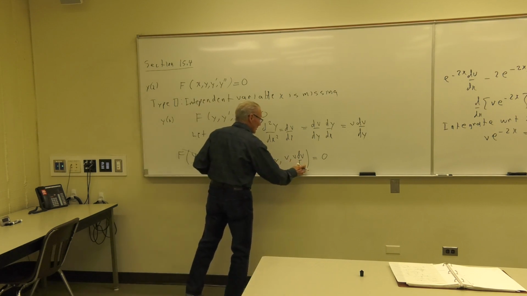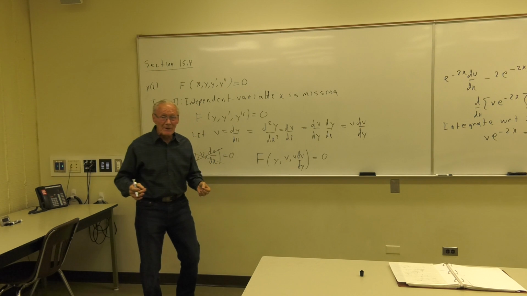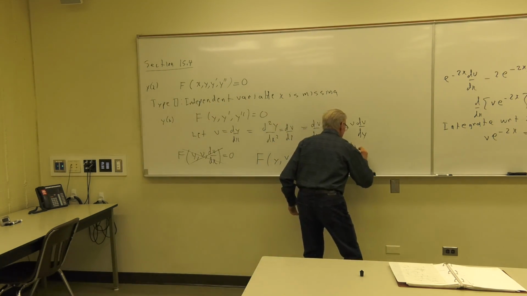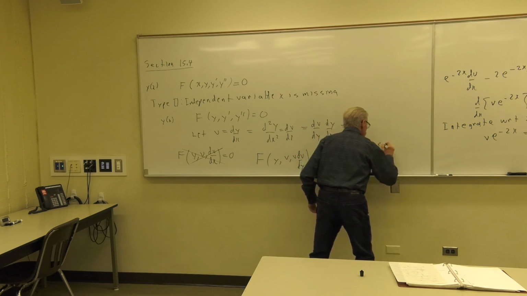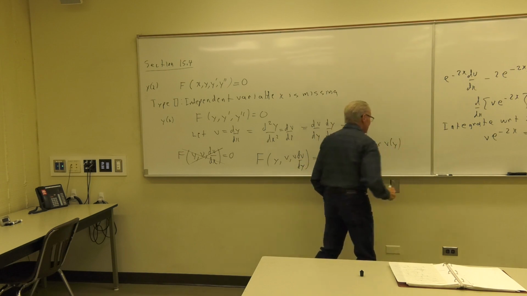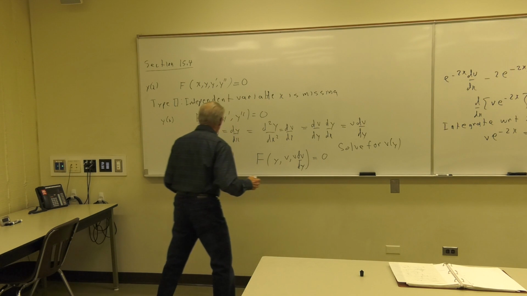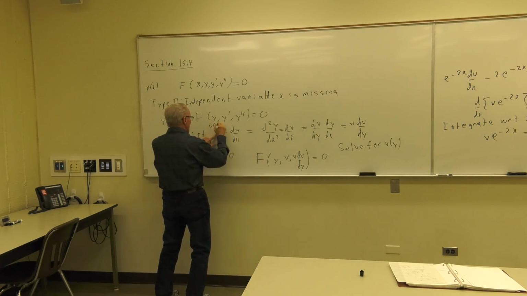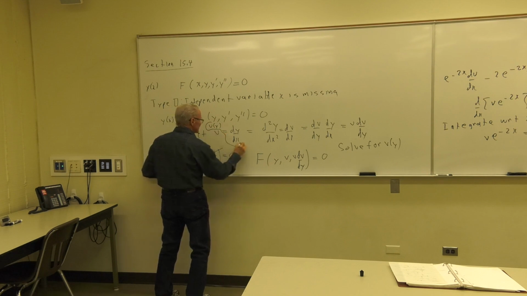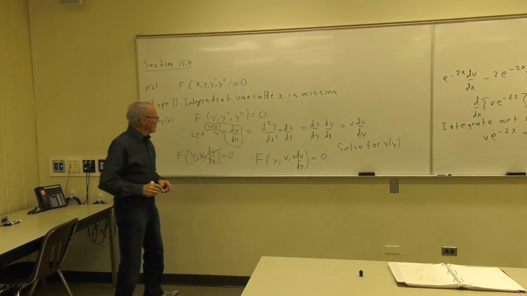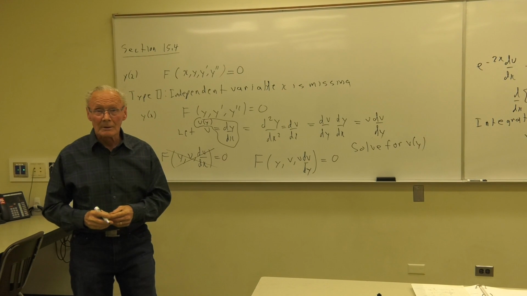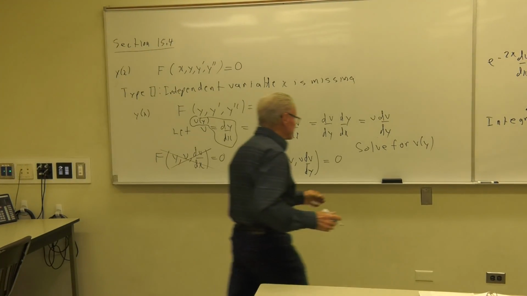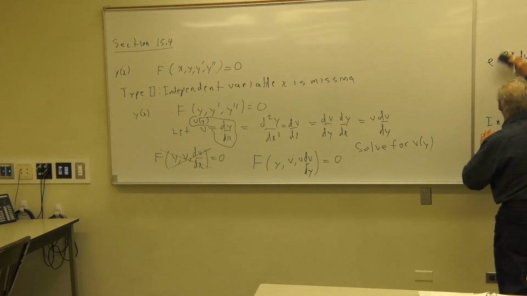In here, it's now the independent variable. You'll be solving this for v as a function of y. If you get it and you put it back here, v now as a function of y, you'll be looking at this differential equation later, which is now separable. And you can separate and finish. So let's see an example of that.